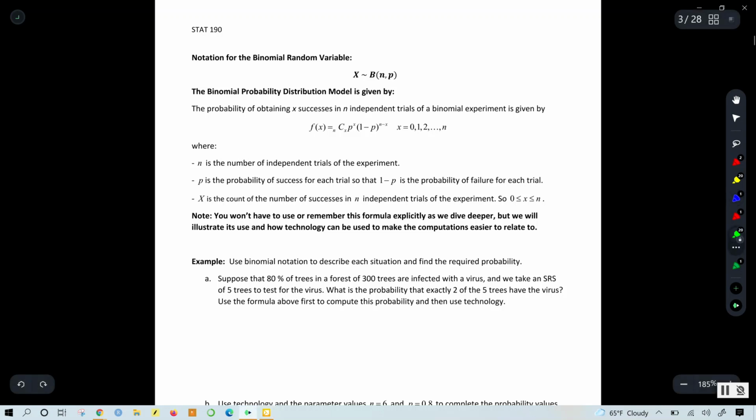Our plan at this point is to deepen our understanding of how to calculate probabilities associated with a binomial experiment. You'll recall, to begin, that anytime we define a binomial random variable, say x, this x represents the count of successes in n independent trials.